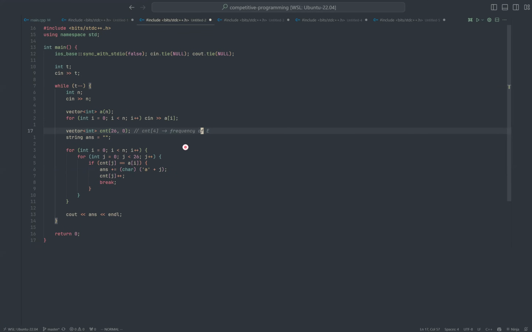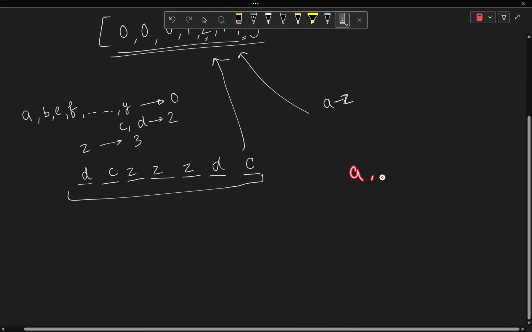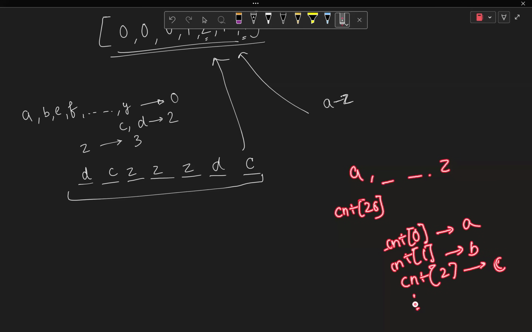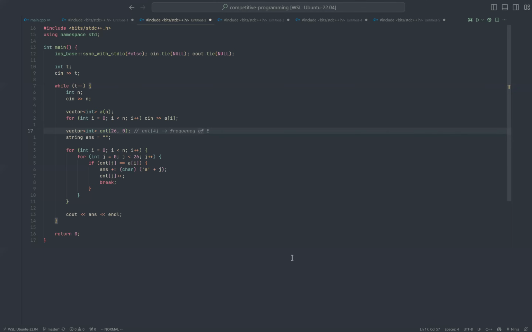Probably you would have guessed this. Since there are only 26 characters, I created an array of size 26, so that in the 0th index I will store the frequency of A, in the first index the frequency of B, and so on till Z. In the 25th index, I will store the frequency of Z. Probably most of you would have already seen this. Otherwise, you can just try to code it.